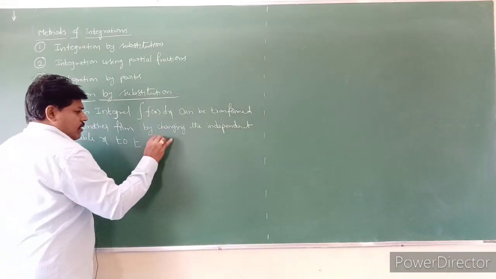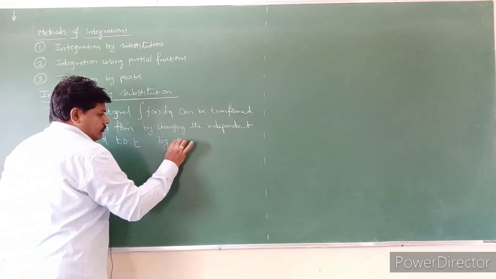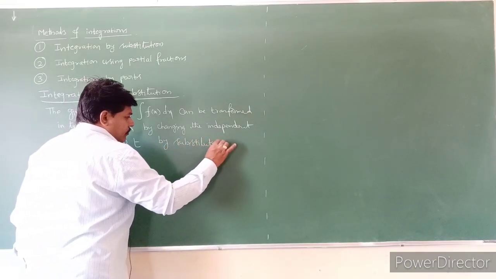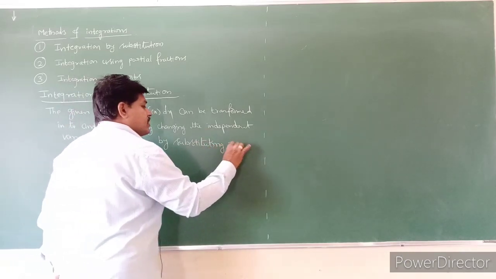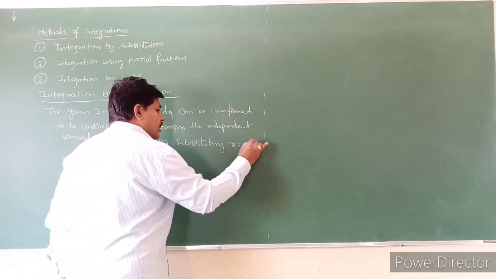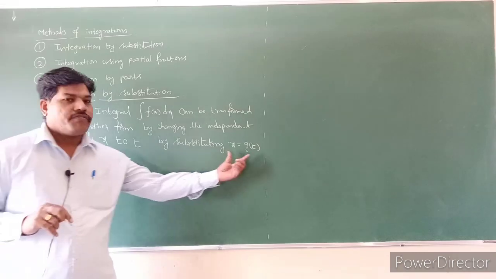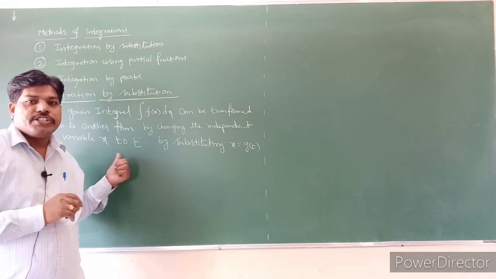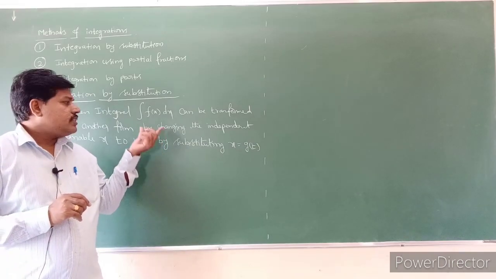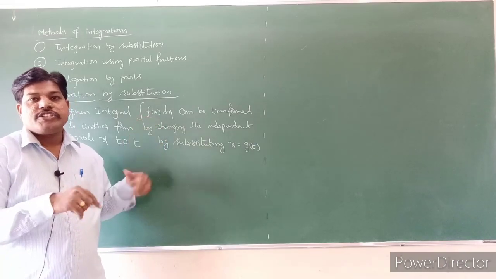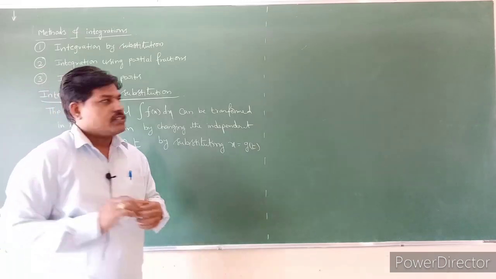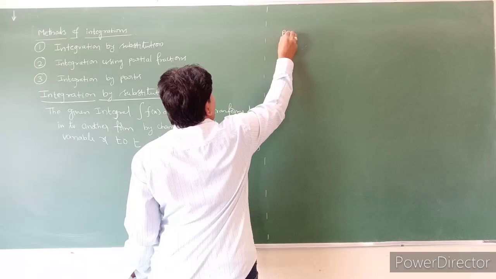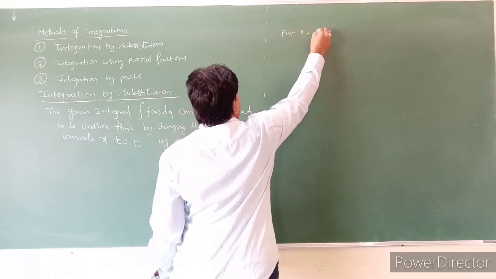How to change this? By substituting x is equal to g of t. If you take x is equal to g of t, automatically the independent variable x will change into t, and this integral will be changed into another form. See that first. Put x is equal to g of t.